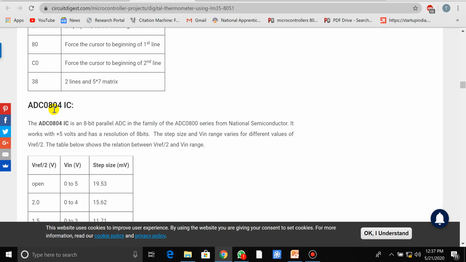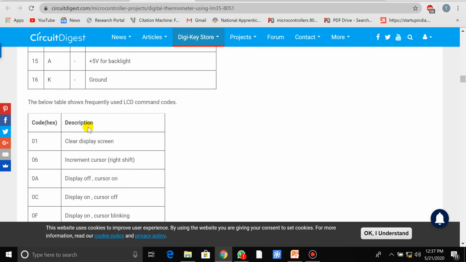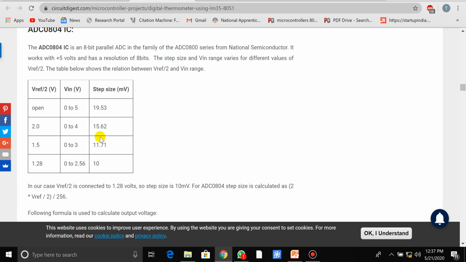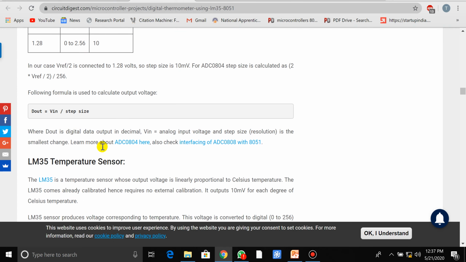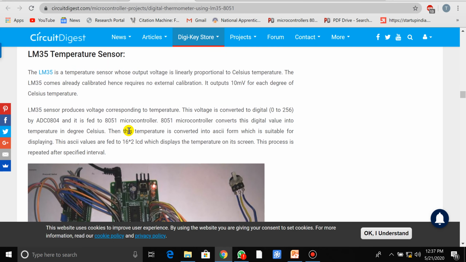These are related to the ADC. These are the control pins to display and so on. This is for ADC data. Now let us concentrate on the temperature sensor. Here the output voltage is linearly proportional to the Celsius temperature, and it comes ready with calibration. As I told, it calibrates automatically. Its output is 10 millivolts per degree, which produces a voltage corresponding to temperature.